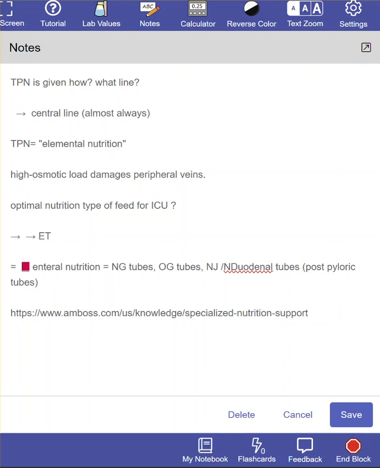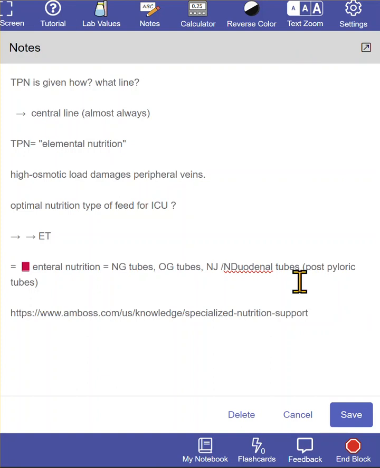Enteral nutrition is like nasogastric tubes and orogastric tubes, and you also have nasojejunal tubes and nasoduodenal tubes. Those are your post-pyloric tubes, meaning they are inserted to the extent that they bypass the pylorus, the sphincter muscle after the stomach that allows food to pass from your stomach into your duodenum.